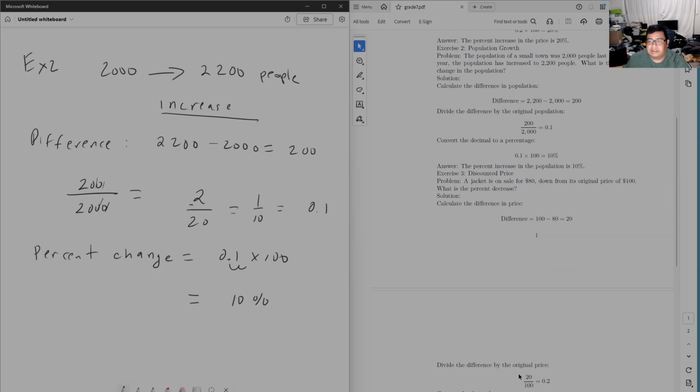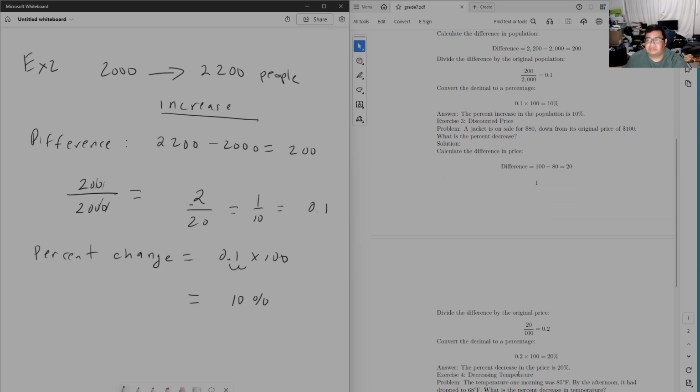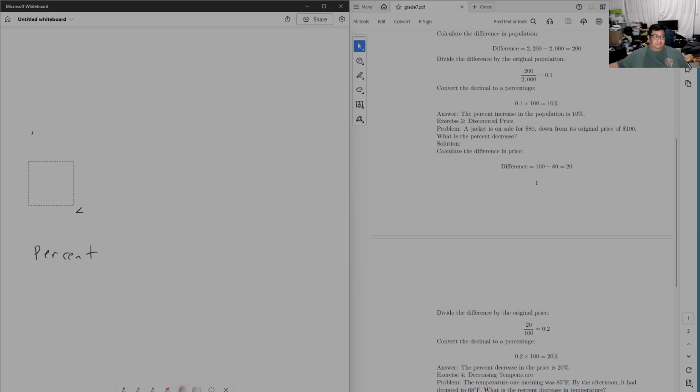Now we're going to do exercise number 3. Exercise number 3 is about a discounted price. It says a jacket is on sale for $80, down from its original price of $100.